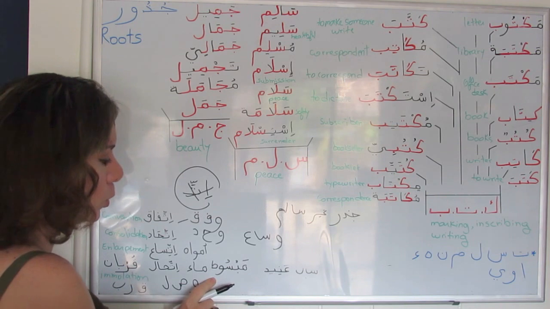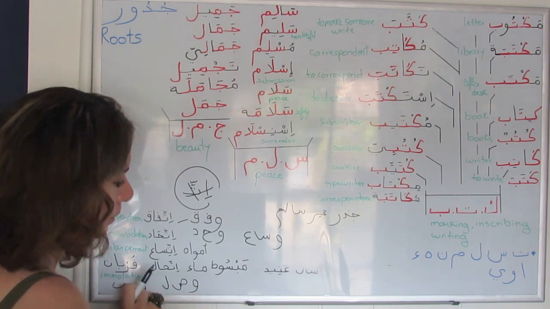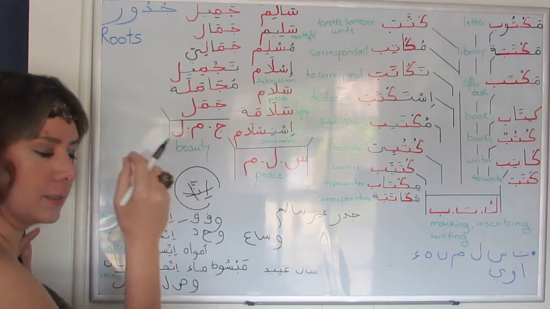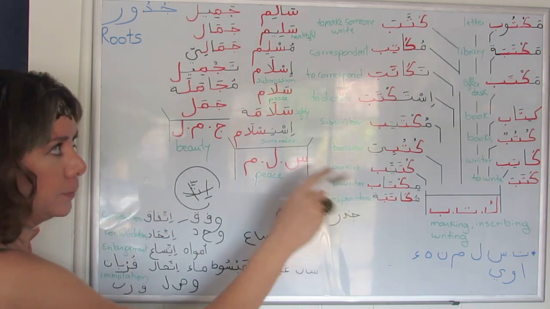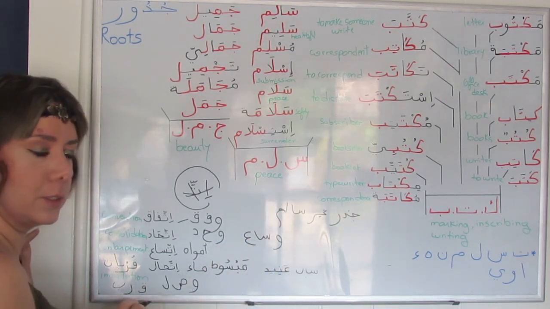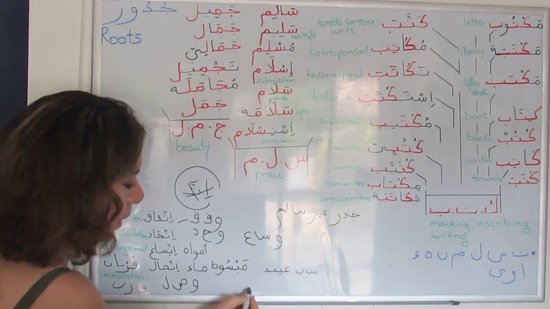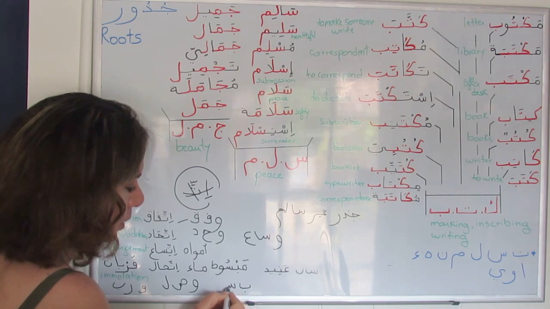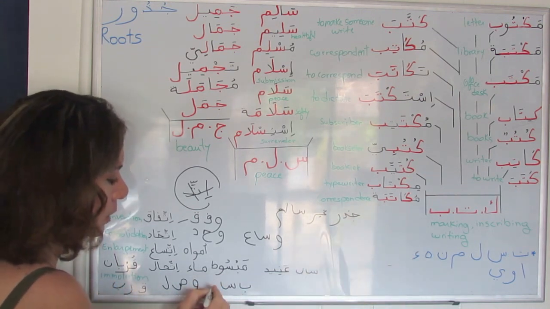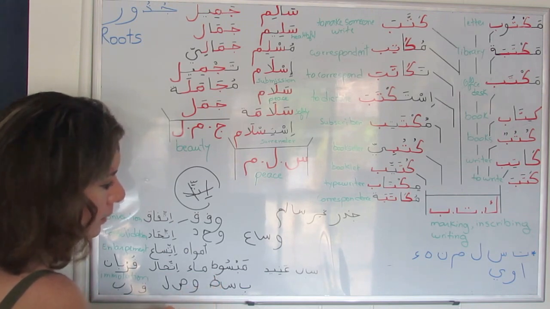Here mabsut, it means happy. Mim, but you can predict that it's a prefix mim, so we won't use it in our roots. We have ba, sin, waw, long vowel, we don't need it in the root, and ta, basata.